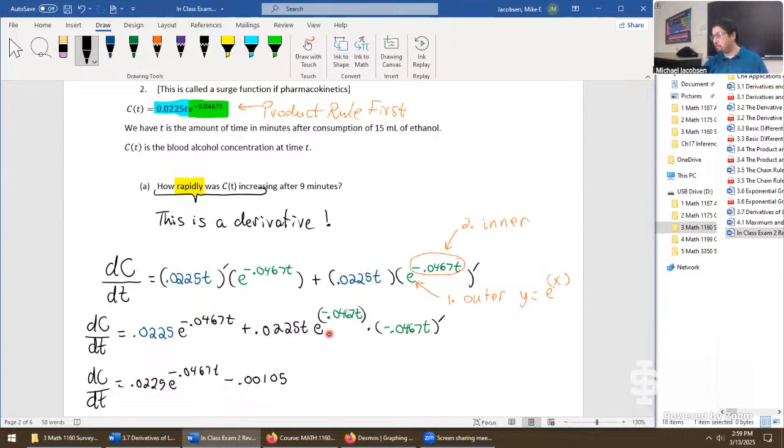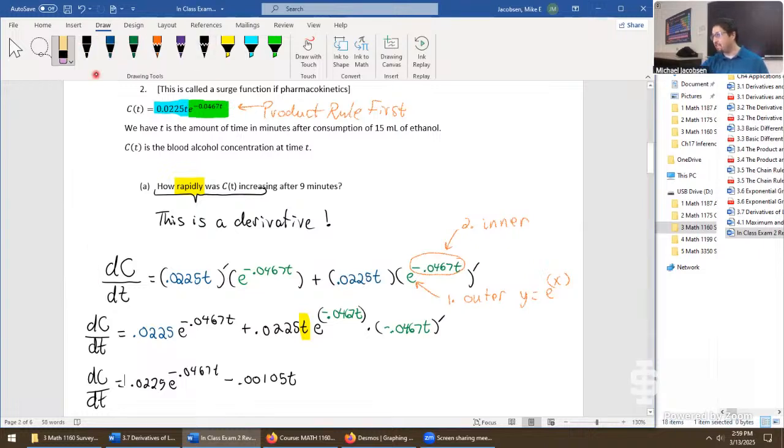Multiplying this exponential, e to the negative 0.0467t. I think that number down here is kind of hard to visualize, so let me express it. Uh-oh, there's another big problem. I dropped the variable t, didn't I? So we need to throw a t inside there. Let me just sort of squeeze it in this way. Okay, so that's the t that was omitted.